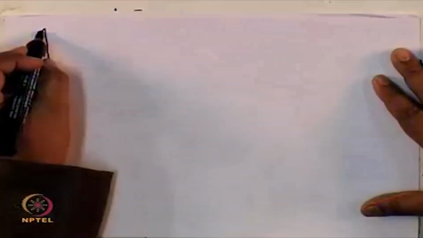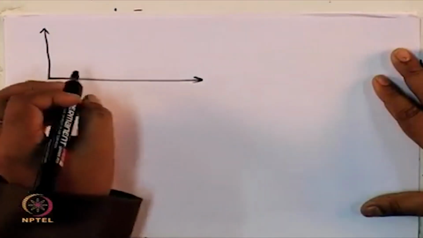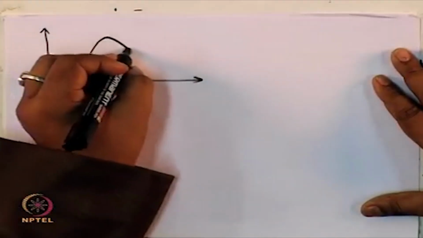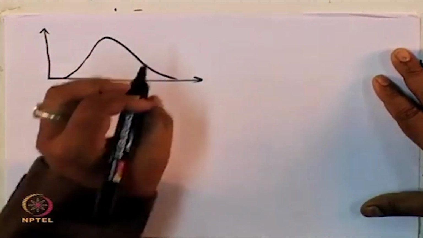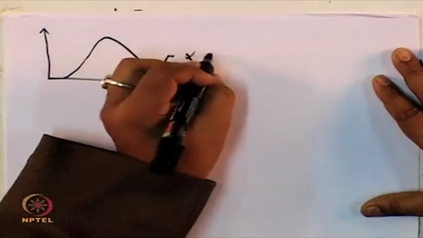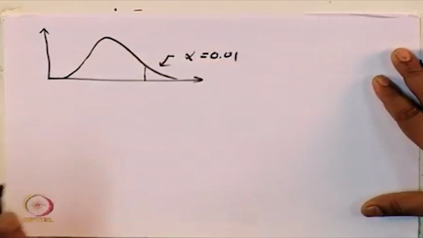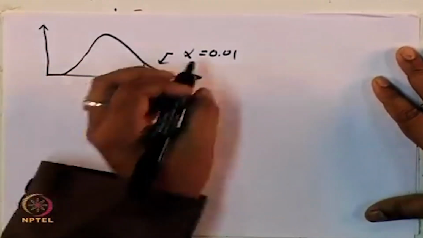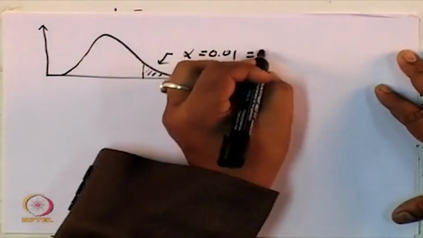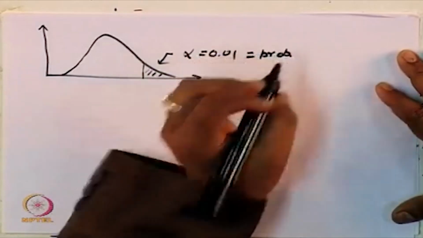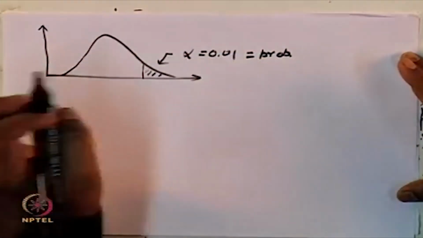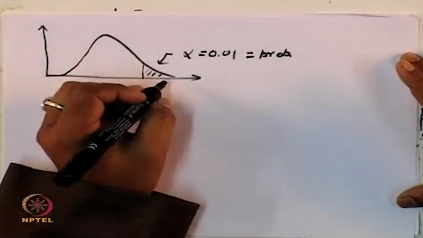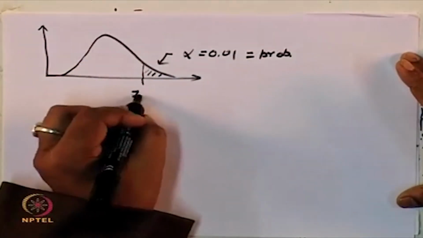If I draw it again, and for example I want alpha equal to 0.01, alpha is nothing but the area under this curve. So, alpha is the probability, this probability, and this is the area under this curve, and this is my Z of alpha by 2.